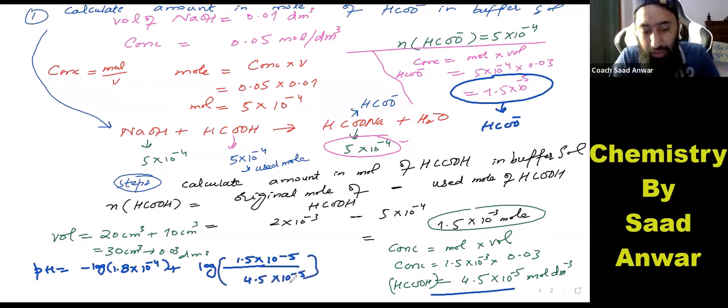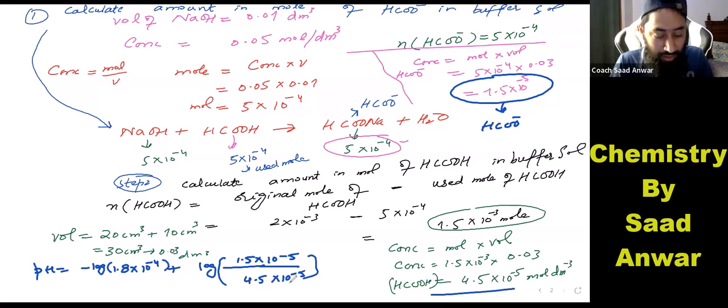So you need to use your machine. Minus log 1.8 into 10 raised to power minus 4, plus log of 1.5 into 10 raised to power minus 5 over 4.5 into 10 raised to power minus 5. Small mistakes in calculation make our question wrong.